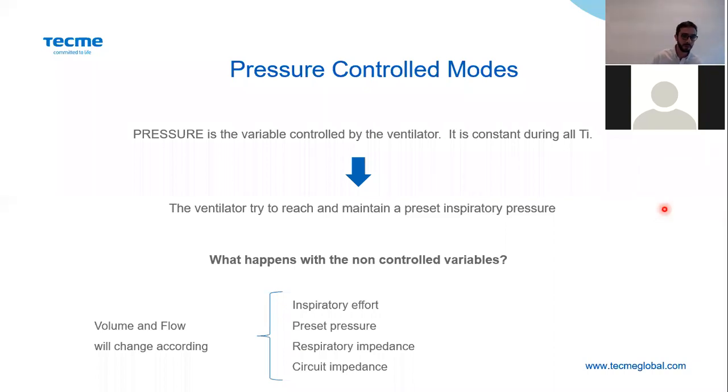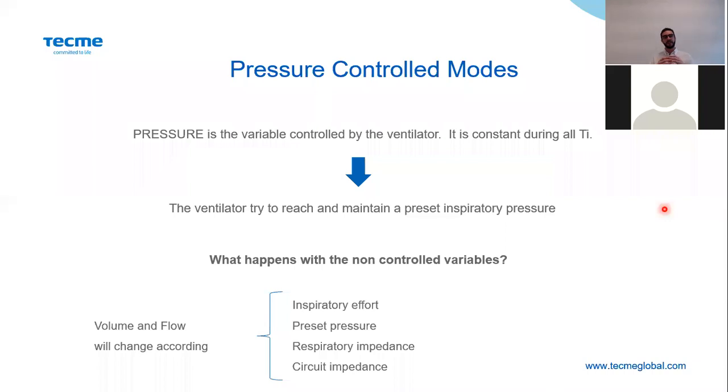So, pressure control modes. Here, the pressure is the control variable, and this variable is controlled by the ventilator. What does it mean? It means that during all the inspiratory time, this variable will be constant. The ventilator tries to reach this preset inspiratory pressure and maintains it during all the inspiratory time.